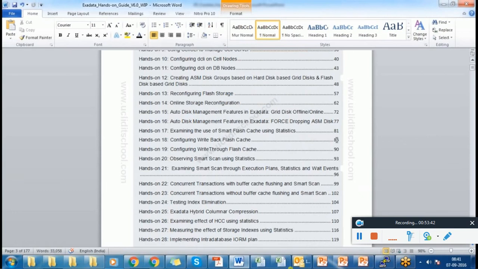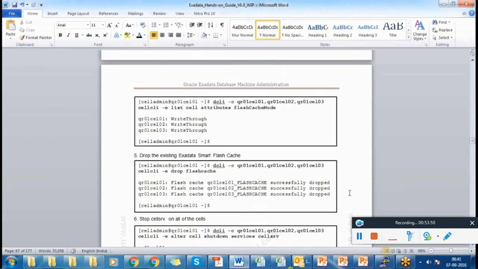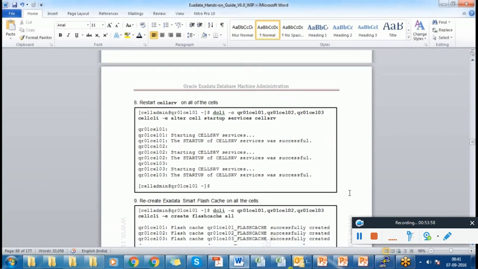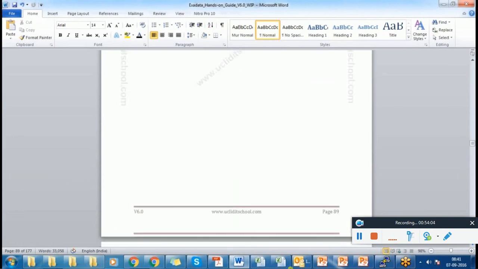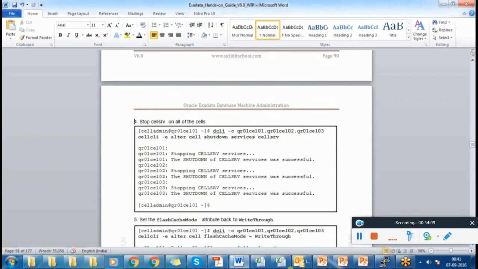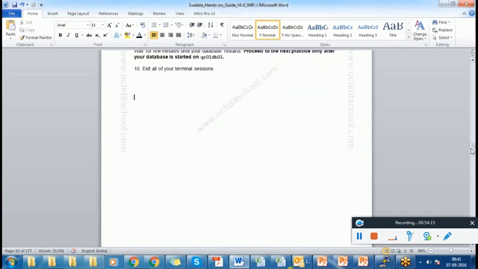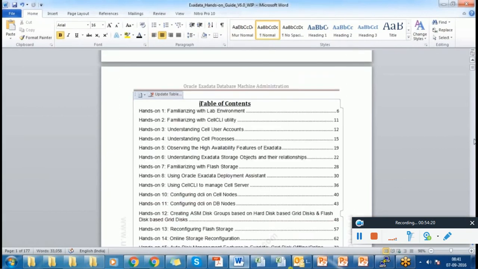In this exercise, configuring write back flash cache, you are not dropping, but I remember some exercises have commands related to flash log.